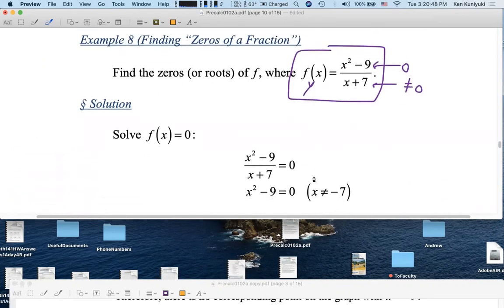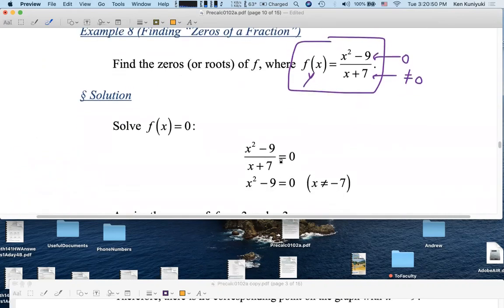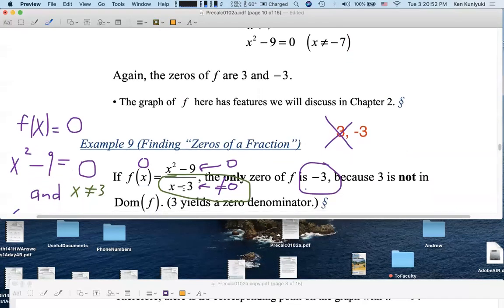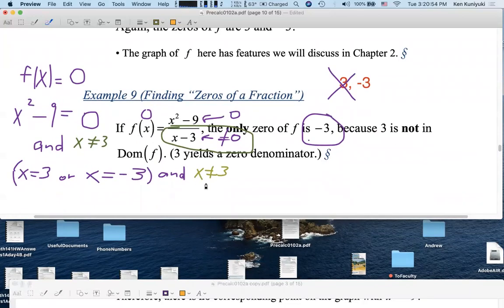The restriction up here that x couldn't be negative 7 turned out not to be relevant in the end. Here, this is relevant. This tells us that we have to reject x equals 3, like Taylor Swift rejects a boyfriend. We're left with x equals negative 3. So negative 3 is the only real zero for this fraction. So we only have one x-intercept, (-3, 0).